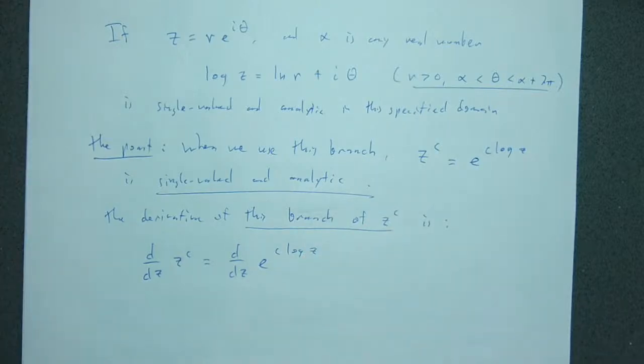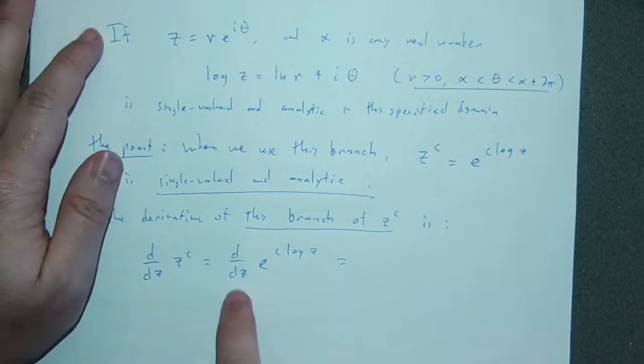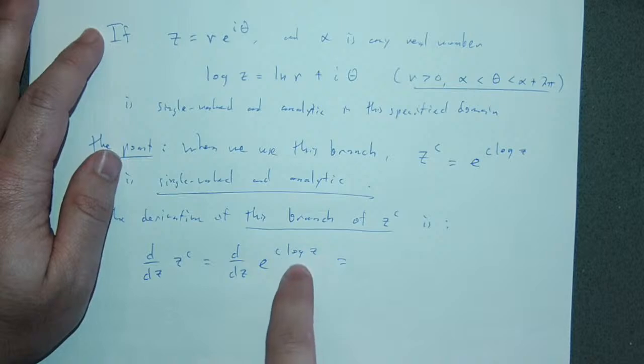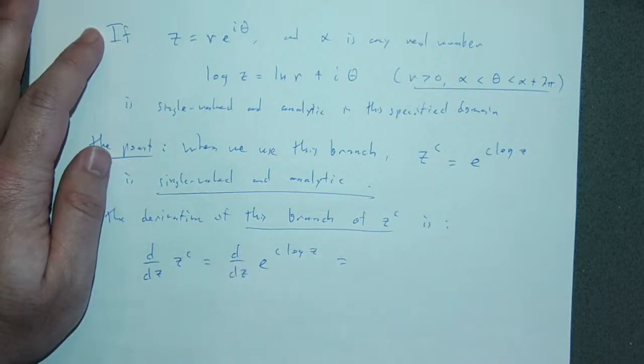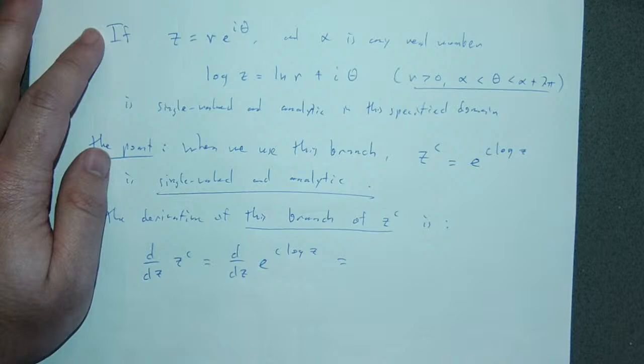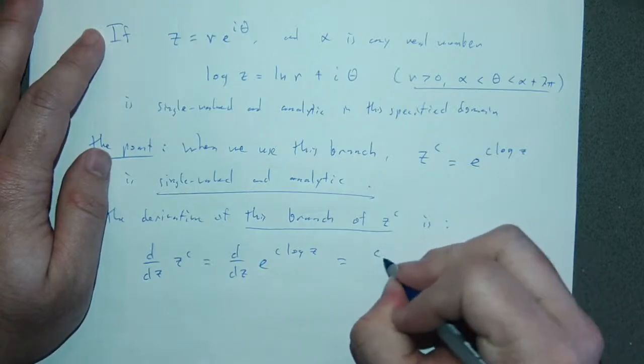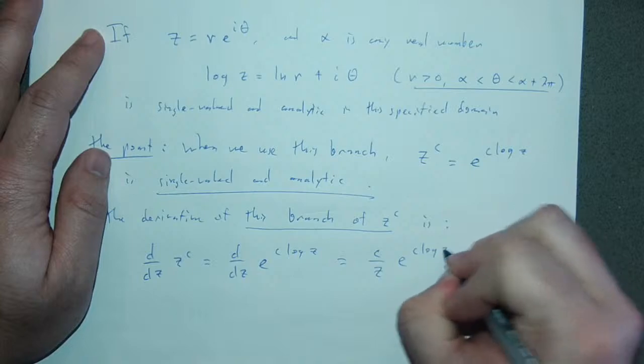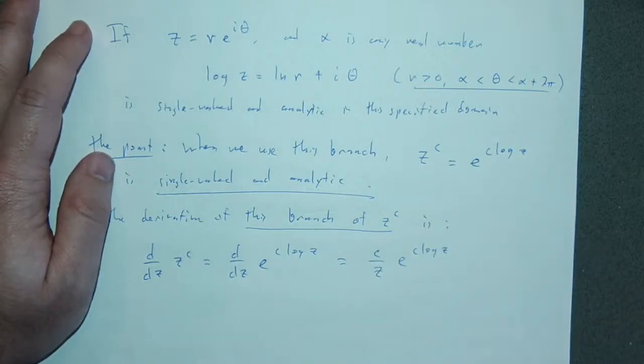Here I can use the chain rule, of course. So using the chain rule, this is going to be e to the c log z times the derivative of c log z with respect to z. And from previously what I've computed there, right, d dz of log z is 1 over z. So this is c over z e to the c log z, right?